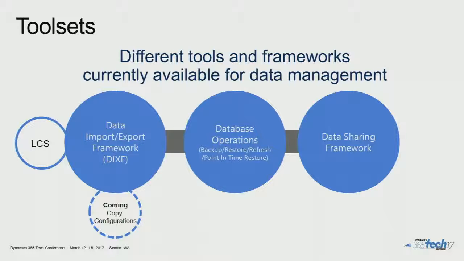Also, we have LCS. In LCS, we use the copy configurations, the configuration manager, or the process data package that I'm going to explain. But there are other layers of how we can use these tools.